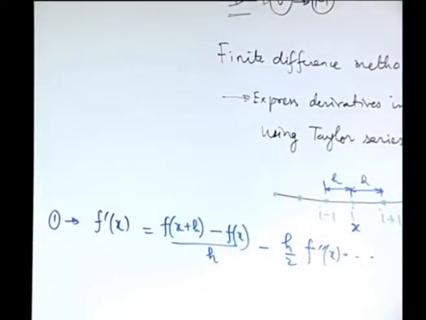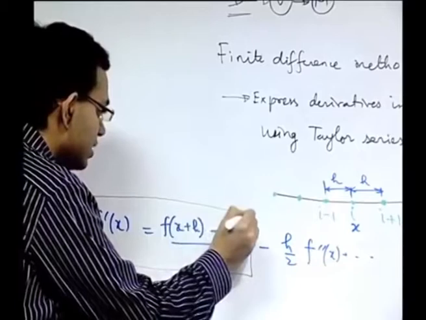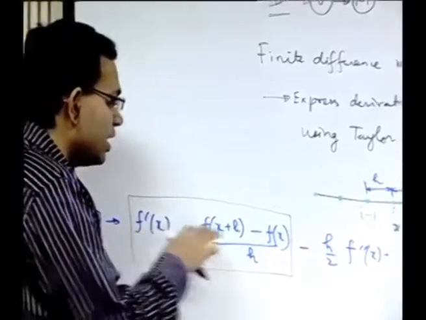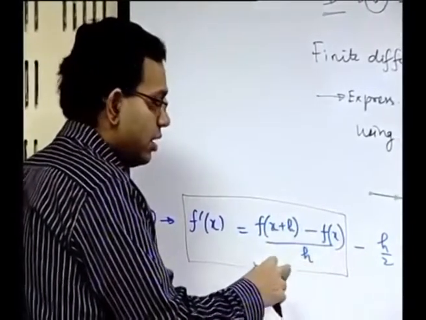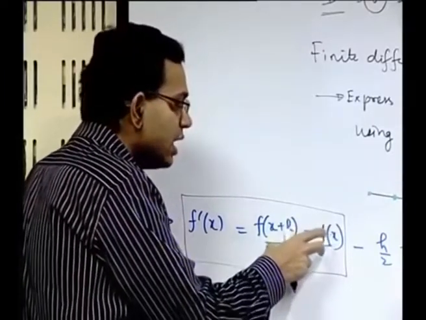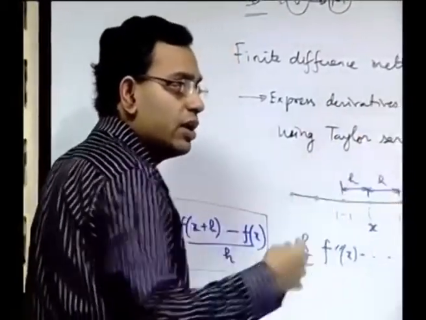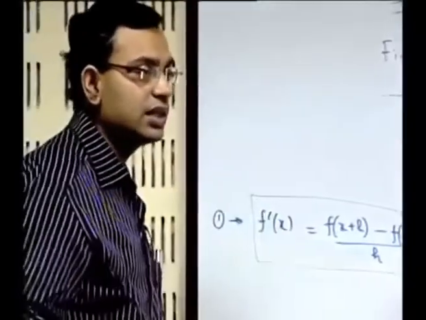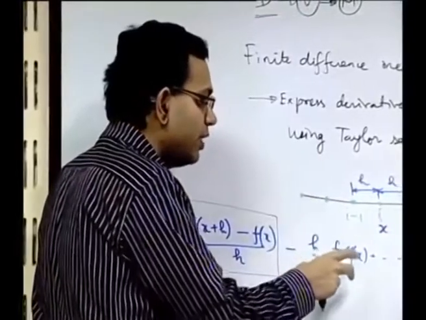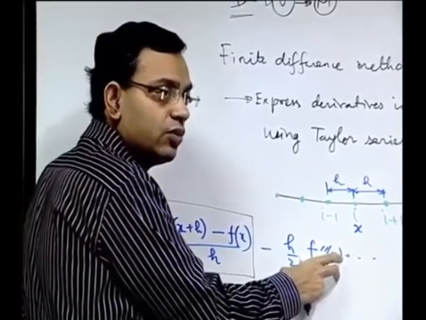So if you truncate the Taylor series up to this and try to use this as a formula, you can see that you are replacing the continuous derivative as a discrete difference quantity, and since it is not exactly the same, it is inaccurate, and the inaccuracy is attributed to several things. Later on we will study what are the sources of errors in these discretization methods, but at least we can intuitively guess one particular type of error, that is we have truncated the Taylor series up to a finite number of terms, and that is one of the sources of the error.